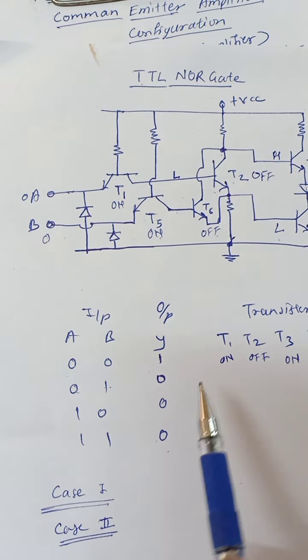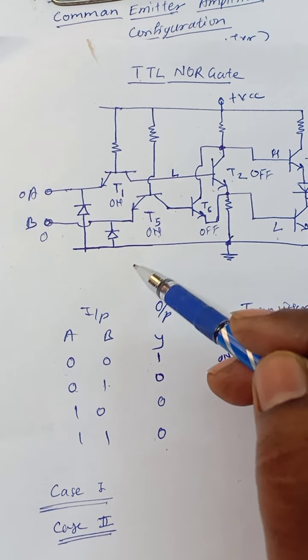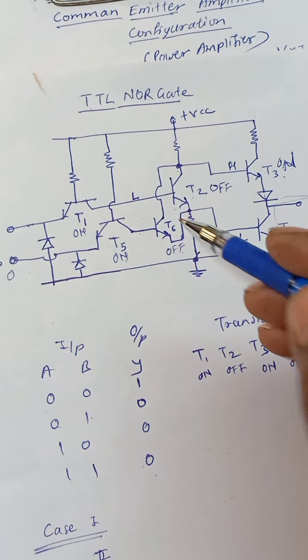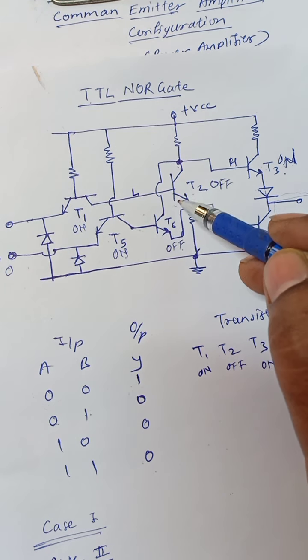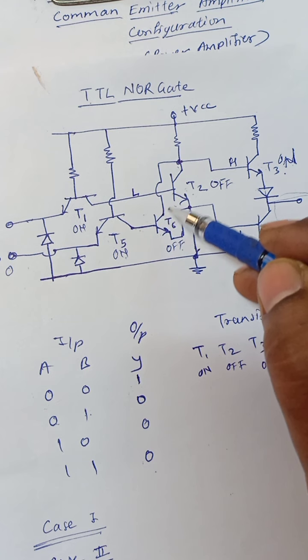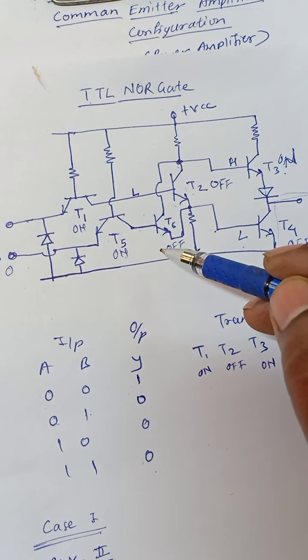If we summarize these 3 conditions, I can say that in every state one of the transistors of this parallel connection will turn on, or both will turn on.